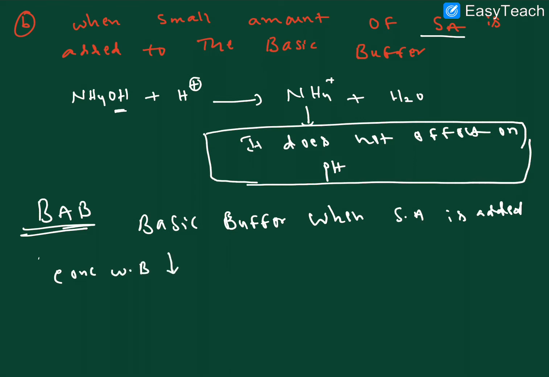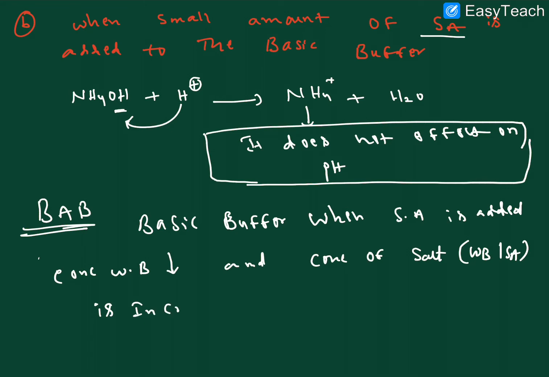The concentration of weak base decreases because it is combining here. And what happened next? The concentration of salt, nothing but weak base and strong acid salt, increases. The concentration increases.